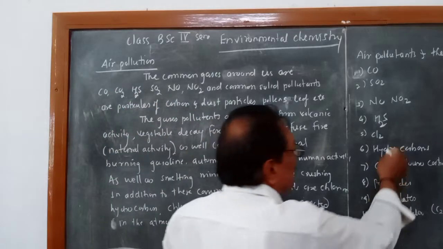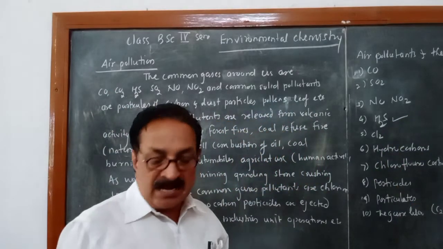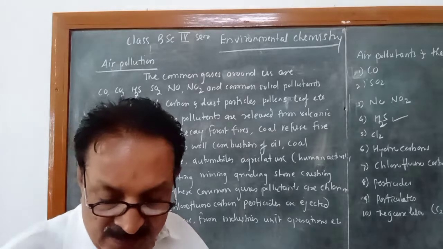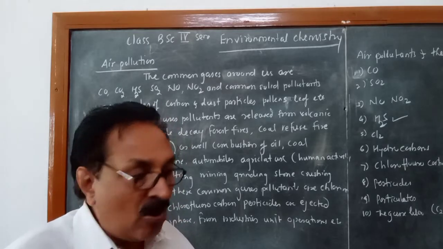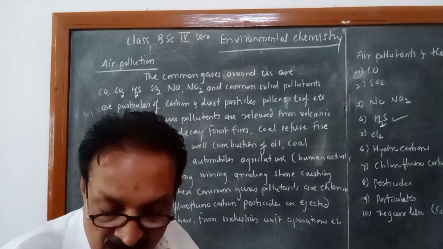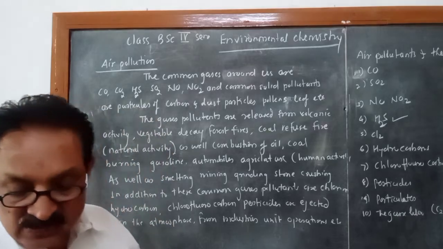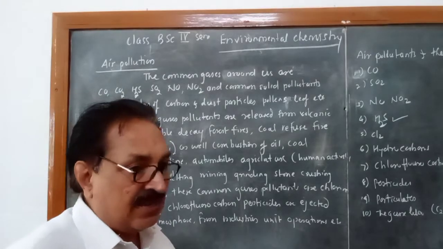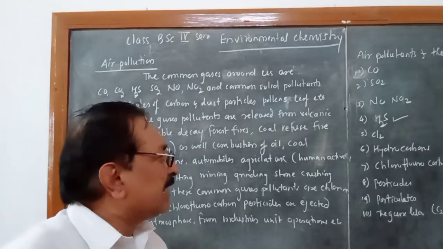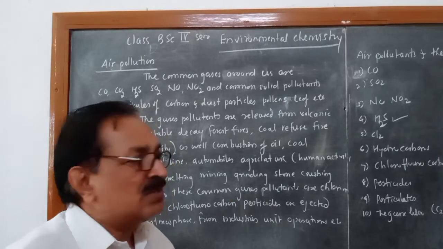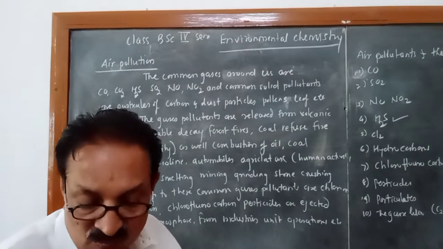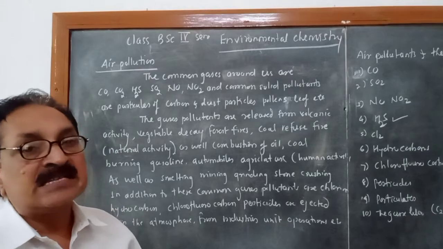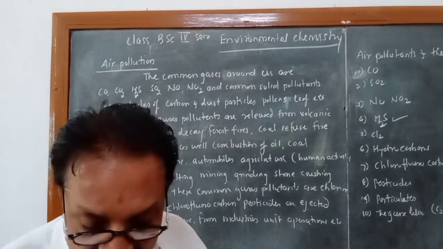Then next one is hydrogen sulfide. This hydrogen sulfide is obtained in the atmosphere due to the biological decay of organic matter as well as in oil refining. In unit processes, the chemicals are added, and the hydrogen sulfide, which has a very worst odor, also enters the atmosphere.